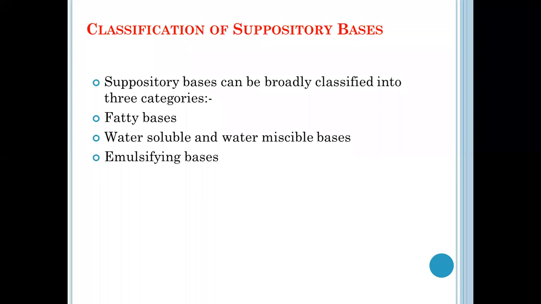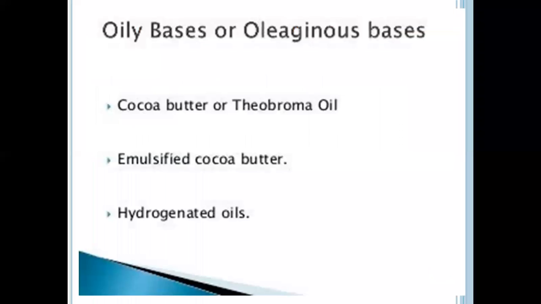The suppository base may be a fatty base, an emulsifying base, or a water soluble or water miscible base. Bees wax, do you know it? Yes, ma'am. Okay, so it is also used as a fatty base during the preparation of suppositories. Also oily bases such as cocoa butter and theobroma oil are used.